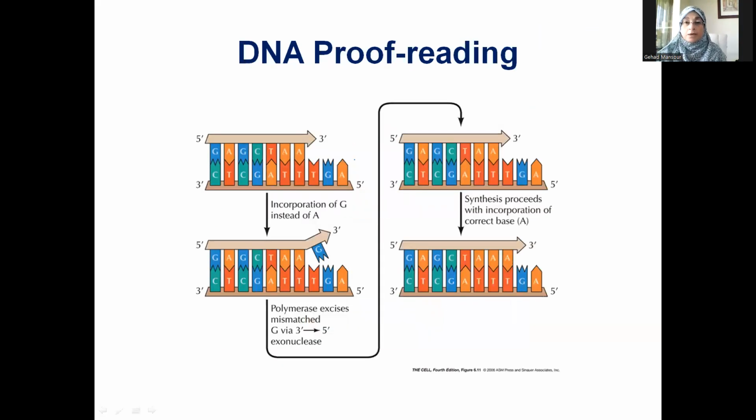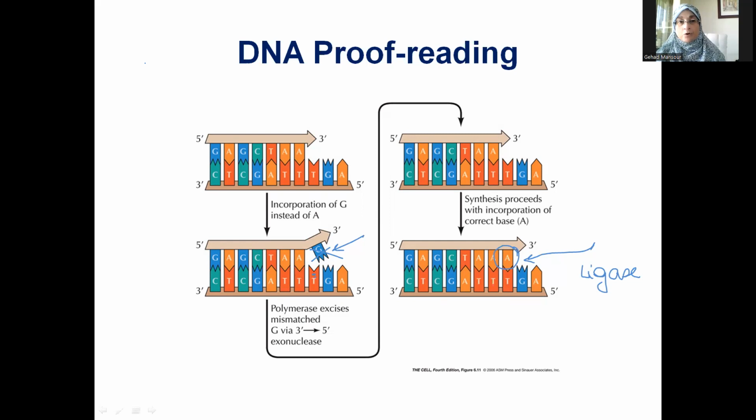And here you can see, for example, that we had a mismatch because G cannot bind to T. So the G will be excised by an exonuclease, for example. And now we have to get the correct one through the DNA polymerase enzyme, and then we have to use the ligase enzyme. So you excise, and then you add, and then you join.